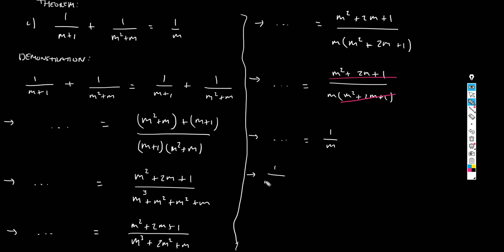Then 1 over m plus 1 plus 1 over m squared plus m equals 1 over m, which is what I wanted to demonstrate at the beginning. This is the conclusion that I'm arriving at. So, end of the proof.